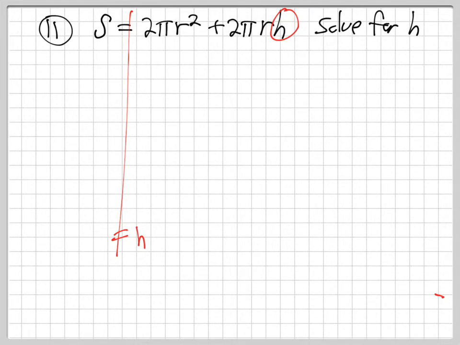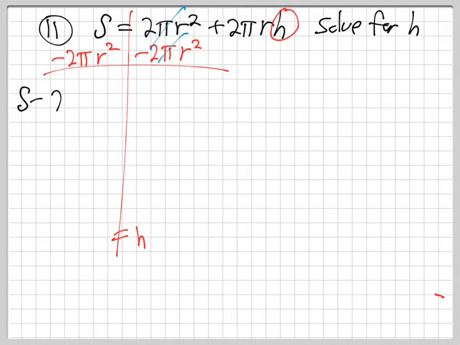You're about to put the answer, you put the previous. Subtract 2 pi r squared from both sides. S minus 2 pi r squared equals 2 pi r h.